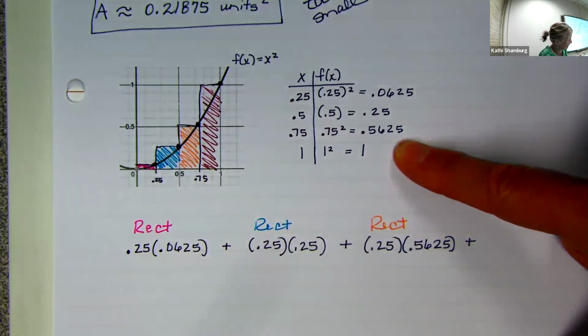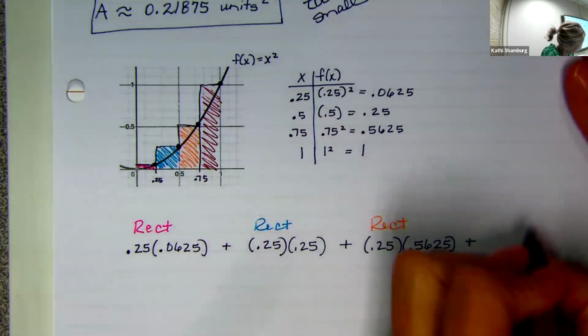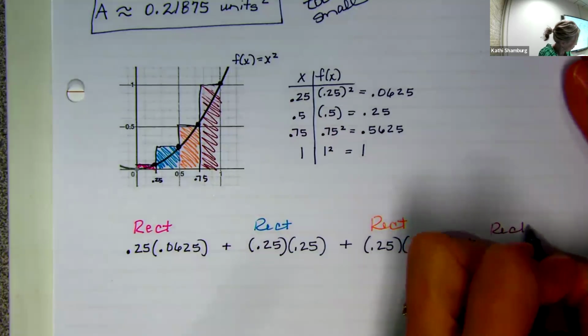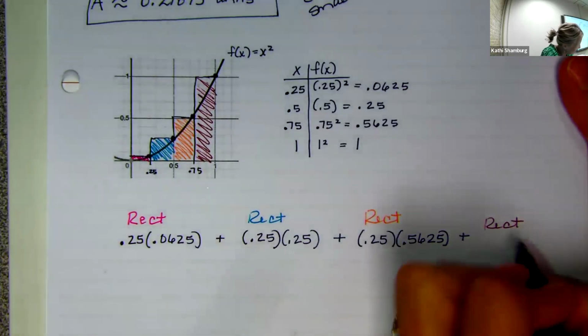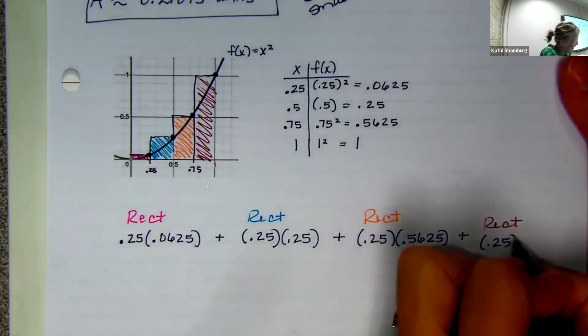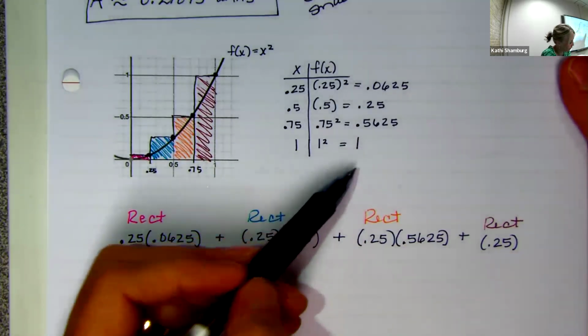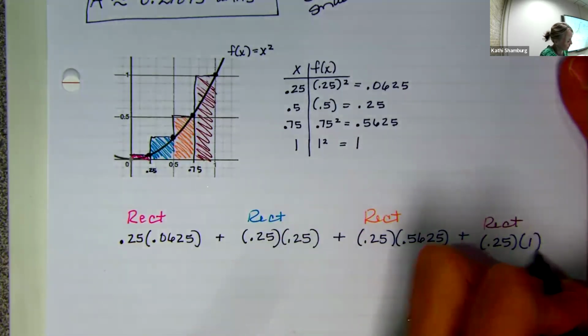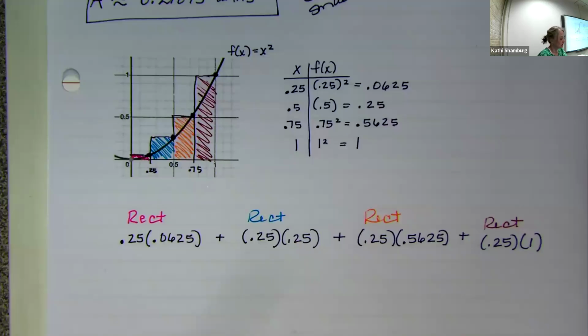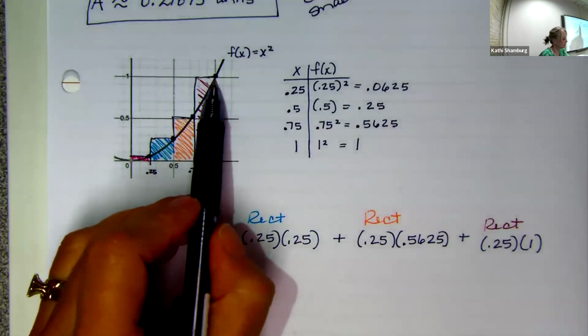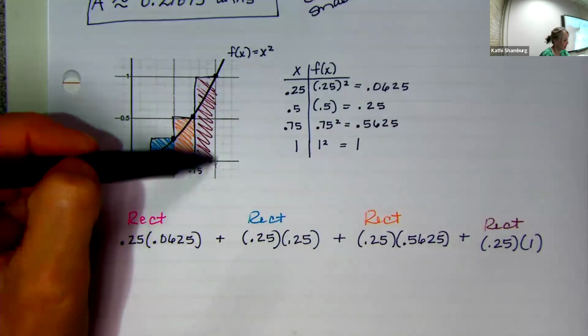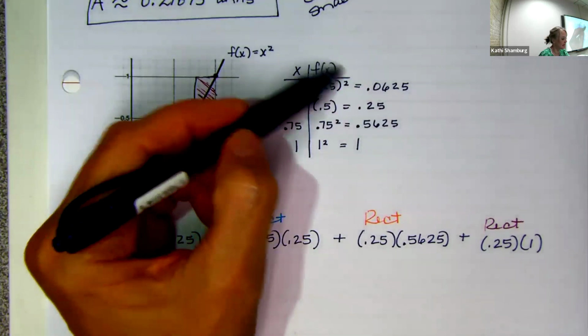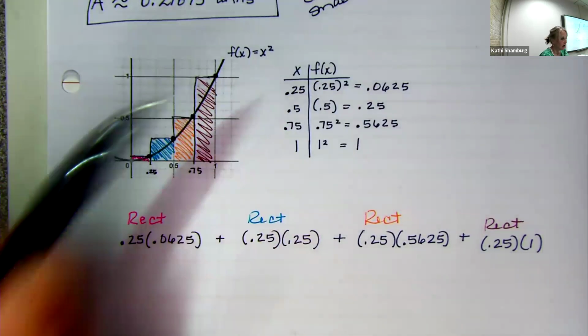And then lastly, it is the width of 0.25 again. And its height is your output, which is 1. Right? That's how tall it is. From here to here is 1. It's always the output.